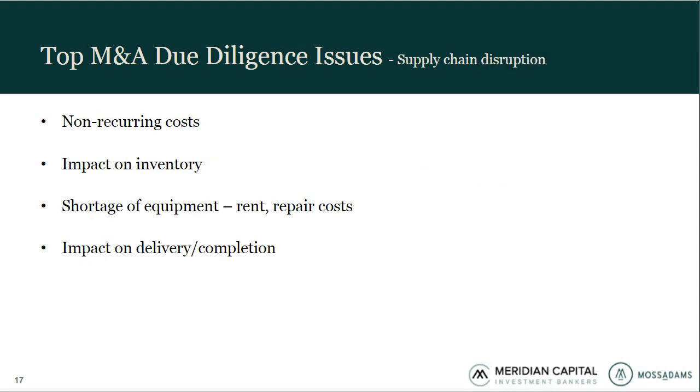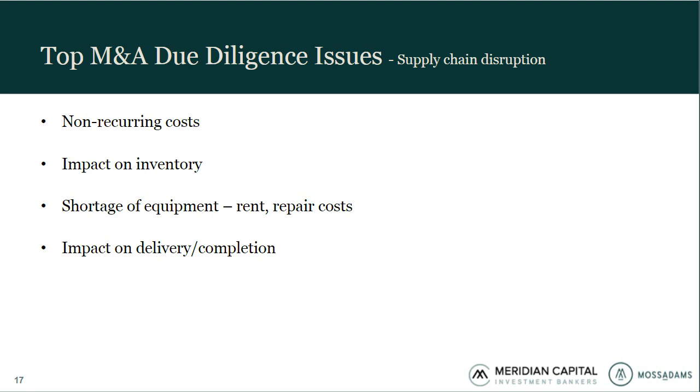And then, supply chain disruption, which is indirectly linked to COVID-19, but there are other factors, obviously, that have caused supply chain disruption. What we're seeing is that there's a lot of companies that have had non-recurring costs around inbound freight. Instead of bringing equipment or materials in by ocean, they're bringing them by air.